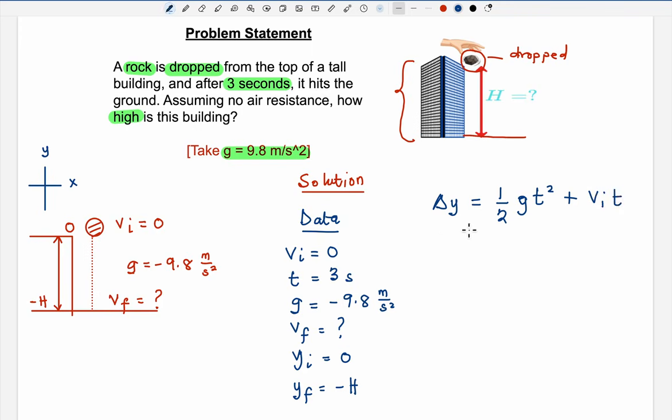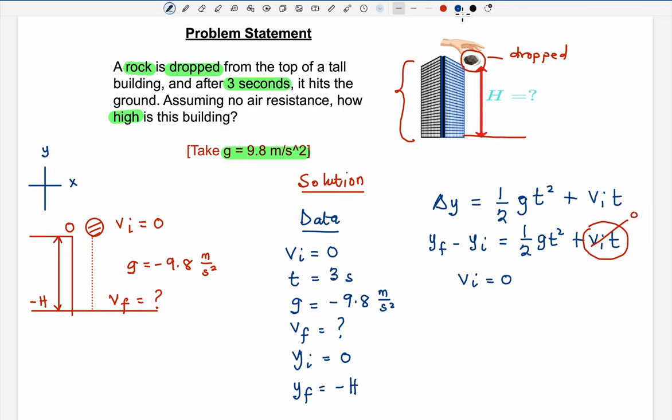But delta y here is just y final minus y initial. And that is equal to 1/2 g t squared plus vi t. Now, because the object was dropped, as we've seen in the initial analysis here, our vi is simply 0. So that sets this whole term to 0.